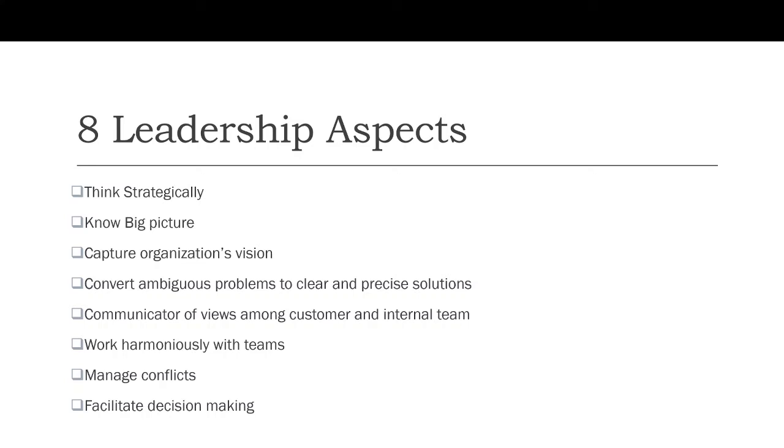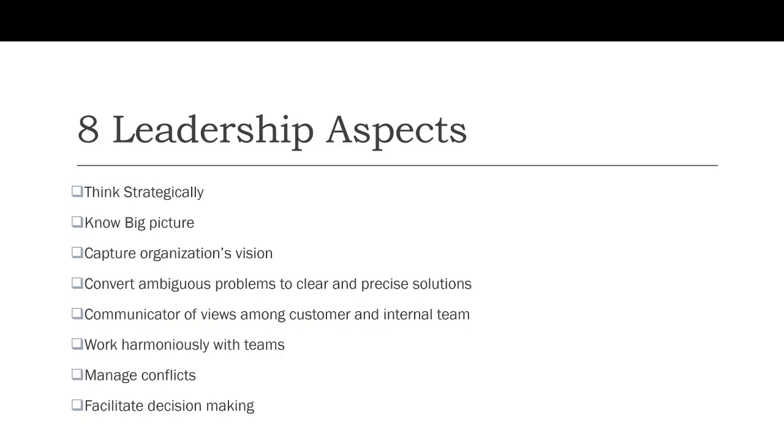So they are: think strategically, know the big picture, capture your organization's mission, convey information between customer and internal team, communicate them, right? Convey and convert any ambiguous problems to precise and clear solutions, work harmoniously in teams and manage conflicts, also facilitate decision making.